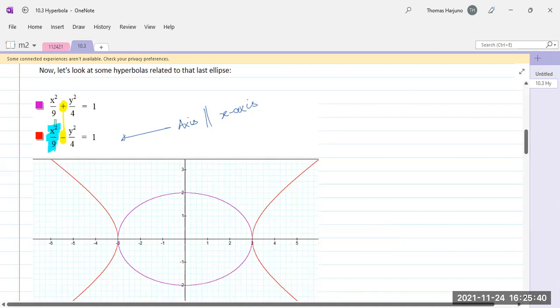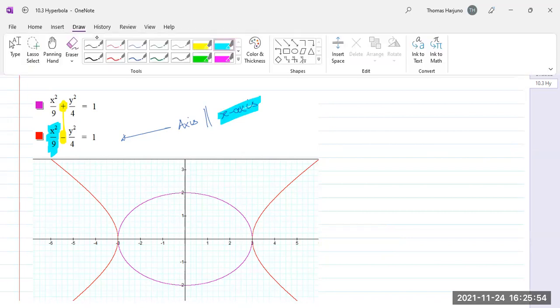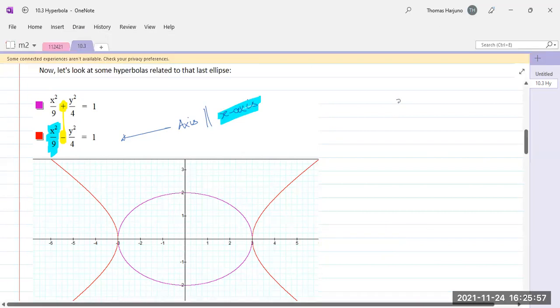If the first term starts with x squared, then it is parallel to the x-axis. Now, you notice that x squared over 9 plus y squared over 4 equals 1 can also be written as y squared over 4 plus x squared over 9 equals 1.